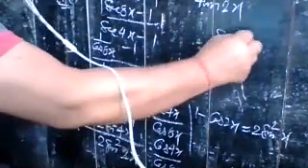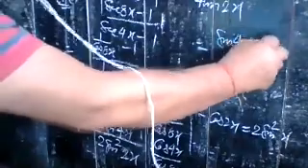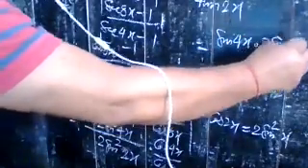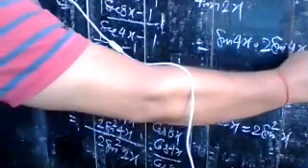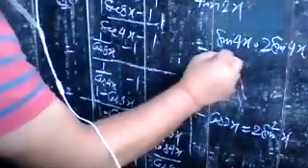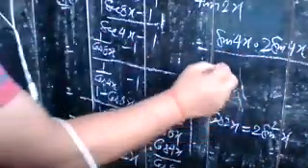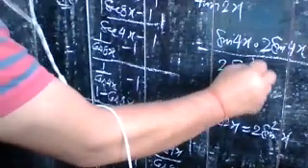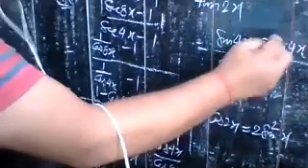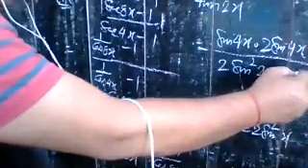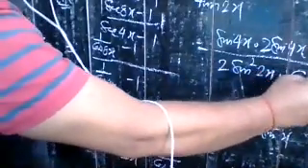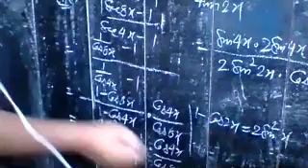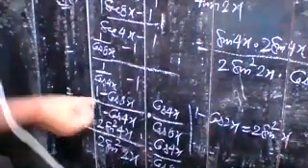You write here in this way: sine 4x into 2 sine 4x cos 4x, and upon, here you write 2 sine square 2x into cos 8x.